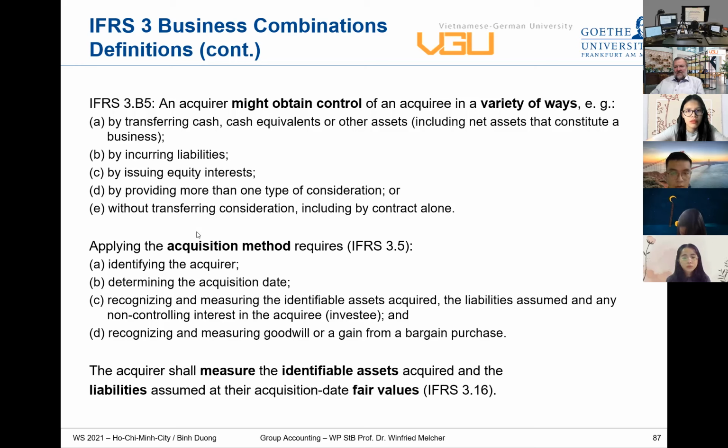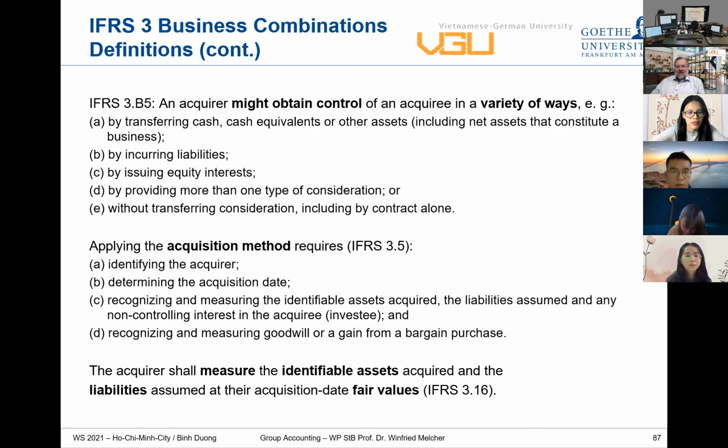So what do you have to do in the acquisition method? You have to identify the acquirer. Normally it is the bigger one who buys the smaller one, right? That's normal, but there could be an inverse acquisition. Forget that completely. We will not look at that, but this is why this is important. You have to identify the acquirer.